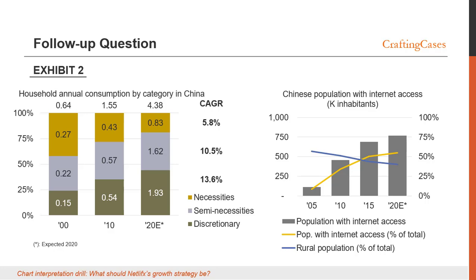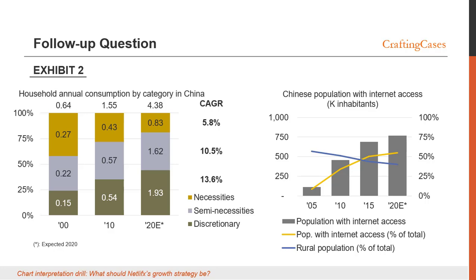So necessities are basically food. Semi-necessities are clothing, healthcare, and housing. And discretionary expenses are basically entertainment, education, transportation, and communications. Okay? Now take your time, think of your answer, and only then listen to mine.